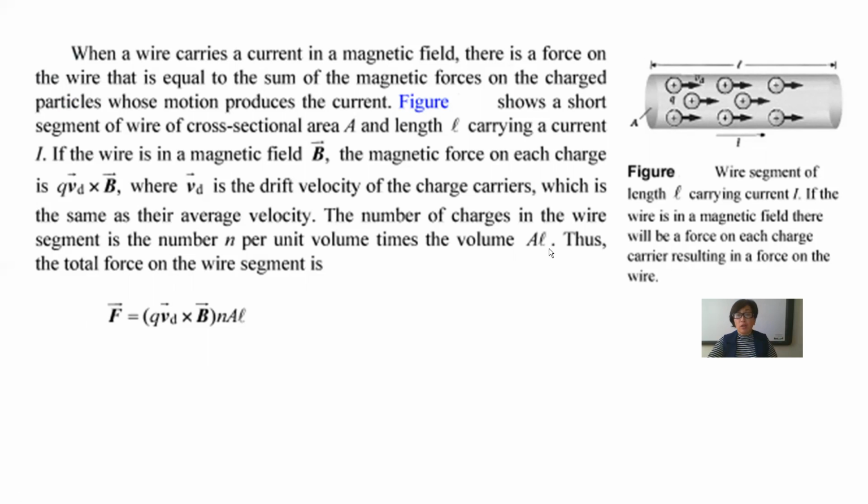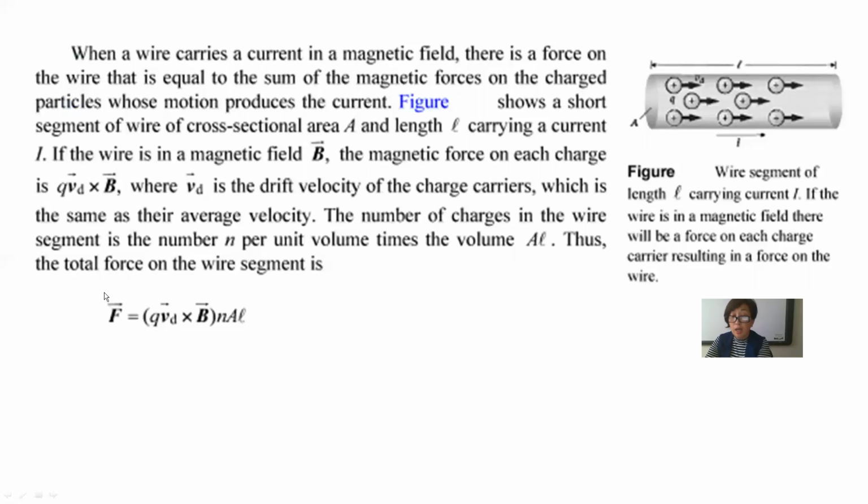The number of charges in the wire segment is the number n per unit volume times the volume AL, where A is the area and L is the length of the wire. This gives the total force on the wire segment.